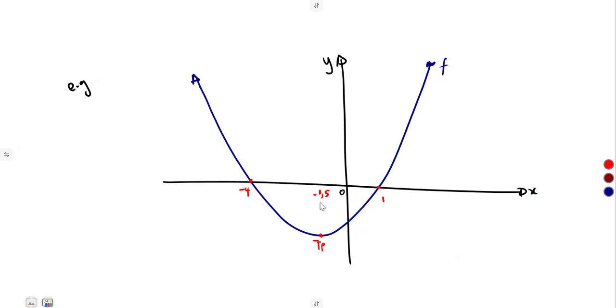With the given graph, the question can be: determine the values of x for which the first derivative is less than or equal to 0. It can be less than 0, or less than or equal to 0.